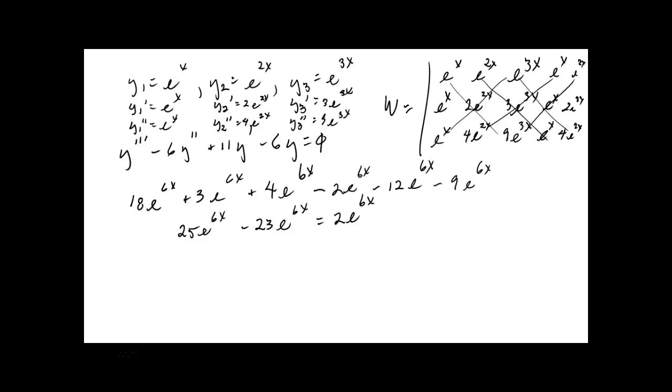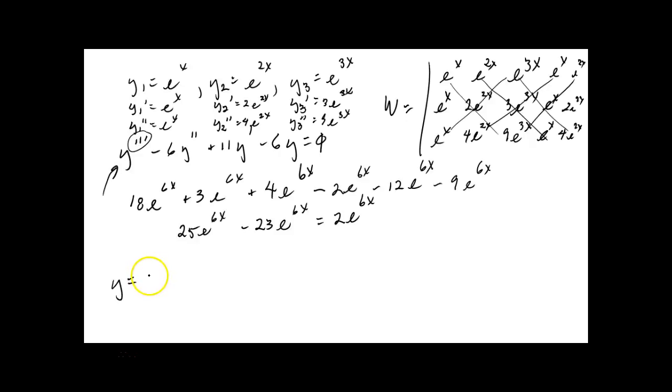Okay? So we can conclude, since we have a third-order differential equation, linear differential equation, homogeneous, we have 3 independent solutions. What is your general solution for this third-order differential equation? Y is equal to?